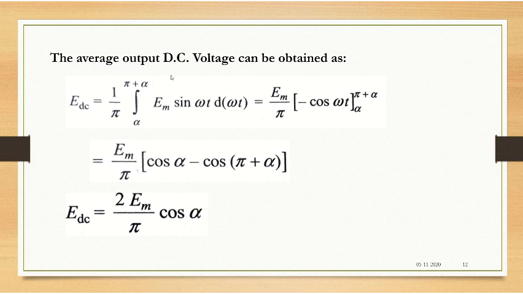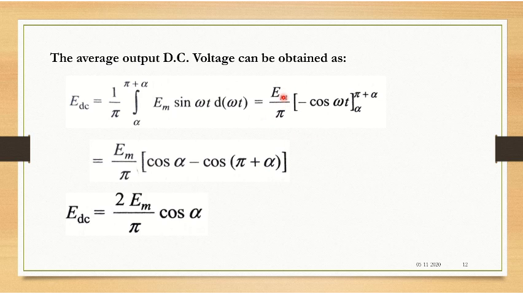So the average output, that is, the DC output voltage, can be obtained by the expression: EDC is equal to 1 by pi integral from alpha to pi plus alpha. Recall the waveform there. So the input, if you are taking it as Em sine omega t d omega t, then substituting the limits and taking Em outside, you can take it as Em or Vm, any expression is fine there.